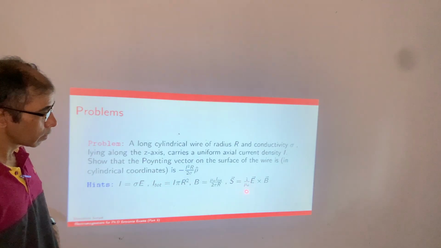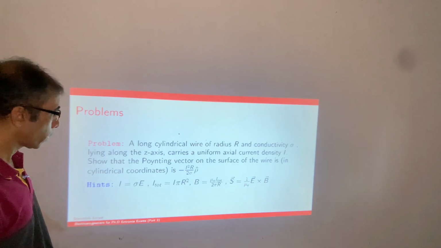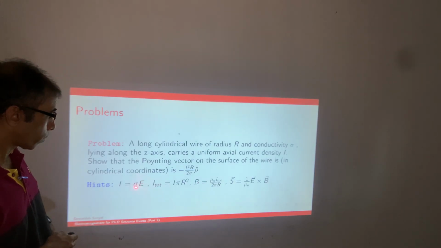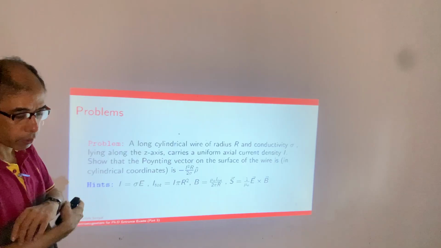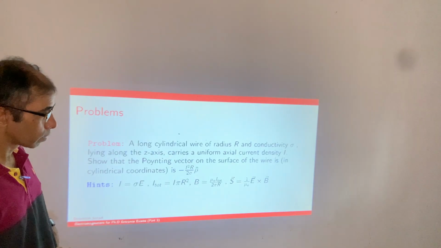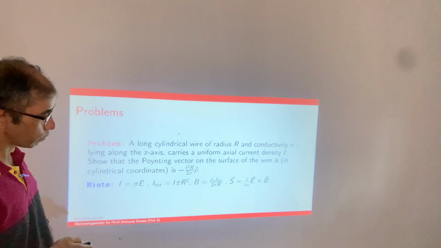So S is 1 by mu naught E cross B. So find it out, show the Poynting vector. E can be found from here, and B can be found from here, and E and B will be perpendicular to each other. So that's it, you can find S.